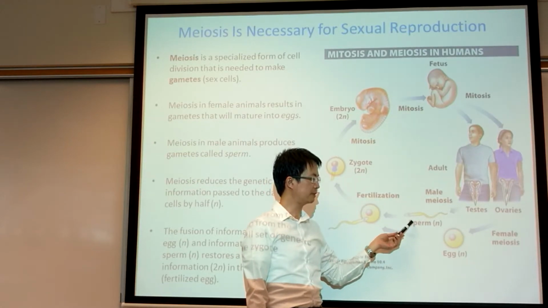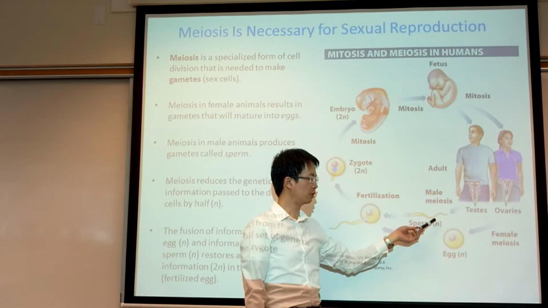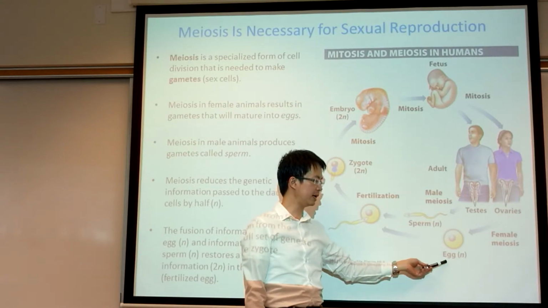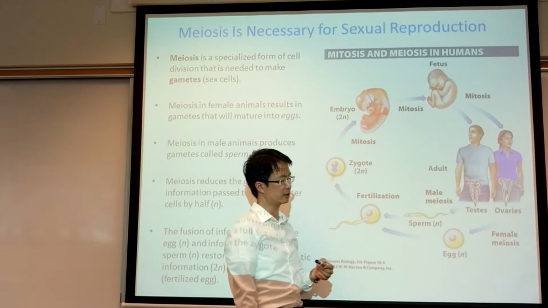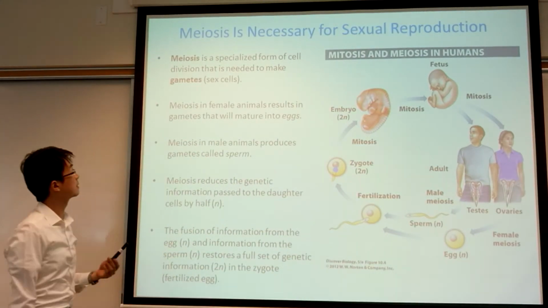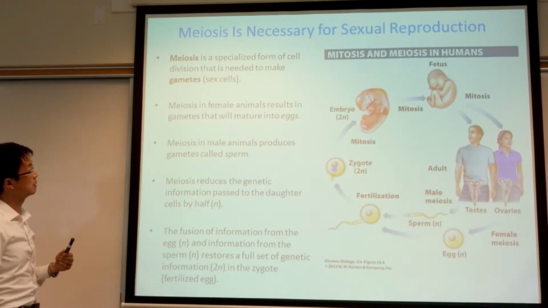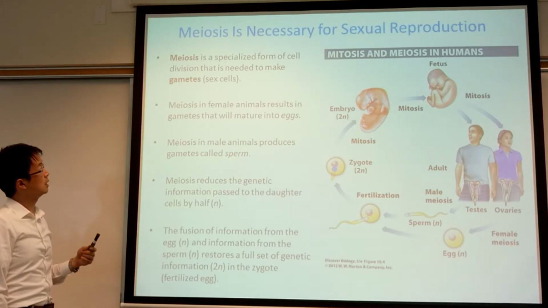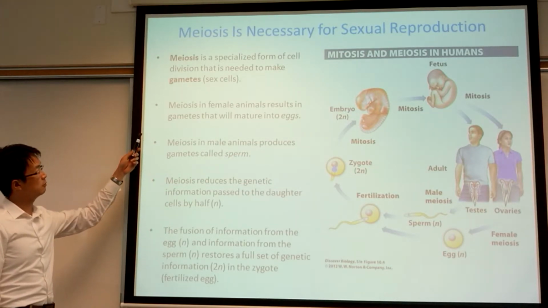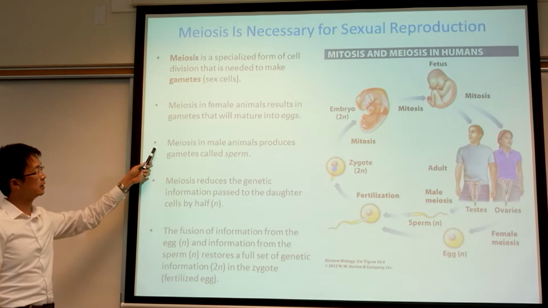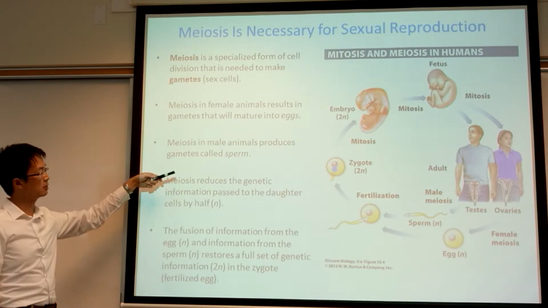So sperm can be singular or plural. There's no s after sperm, but for egg, you have an s for the plural. So female meiosis will give you eggs. Male meiosis will give you sperm.